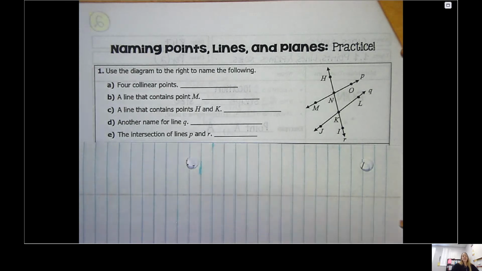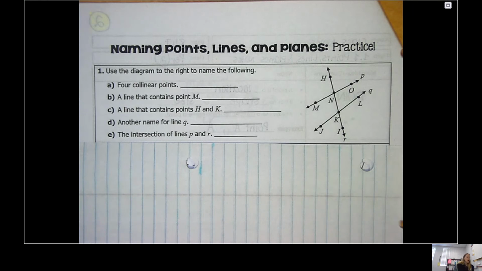On the same line. Okay, so who wants to raise their hand and give me 4 points that are on the same line? Zarian? What do you think, Zarian? M, say louder. M-O, that's only 2 points.